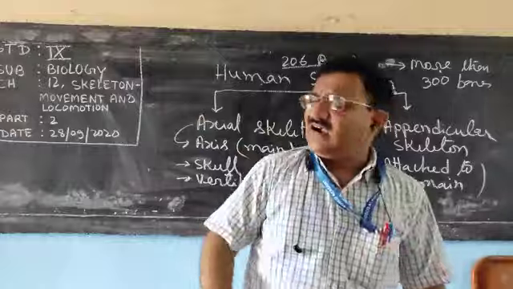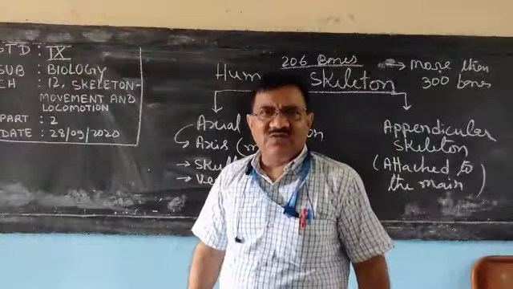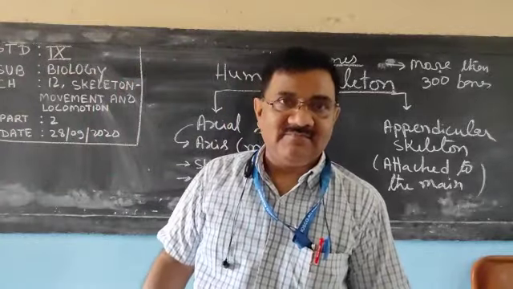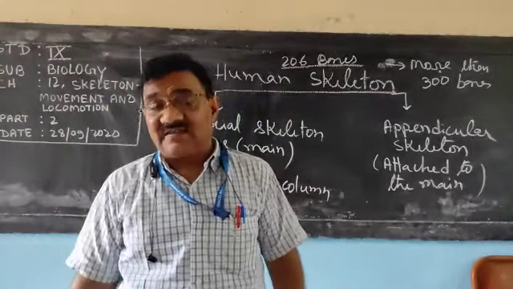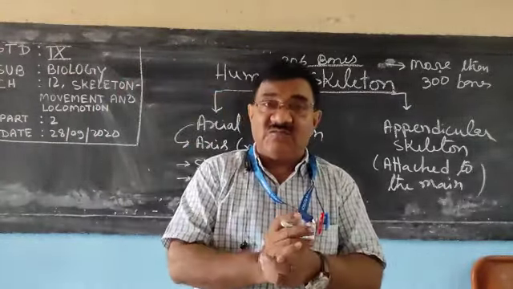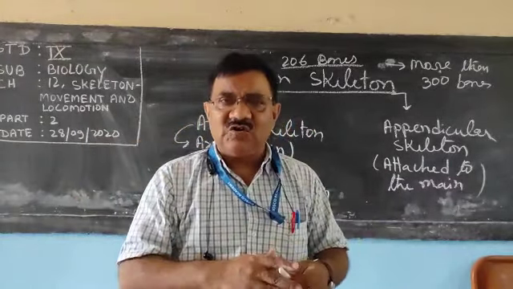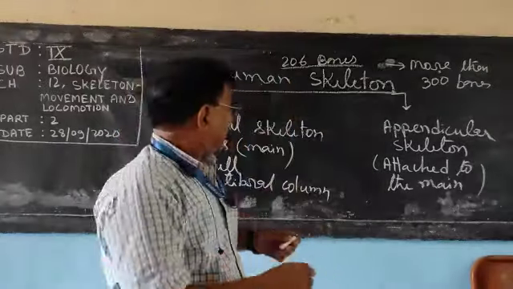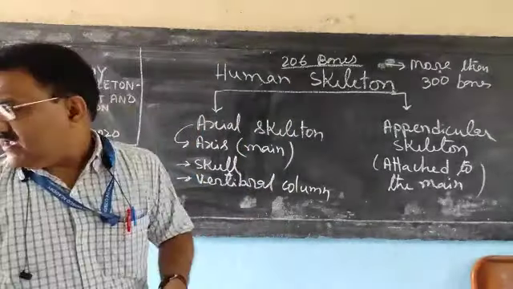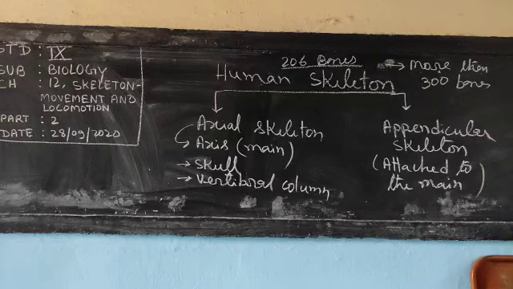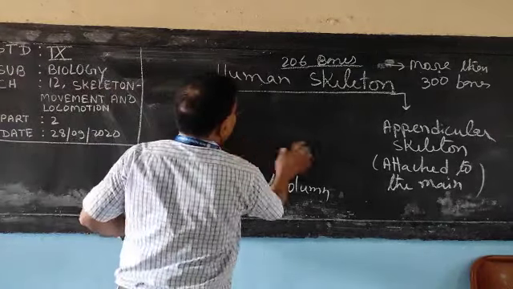So let us start our discussion with the skull, the khopdi. How many bones are there? What is the function of those bones? This whole head part, do you know? The skull consists of 8 bones. In the skull, a total of 8 bones are there.